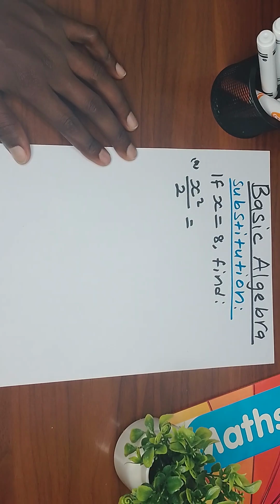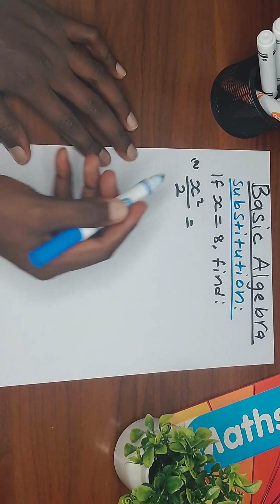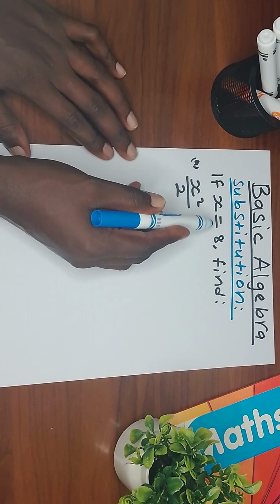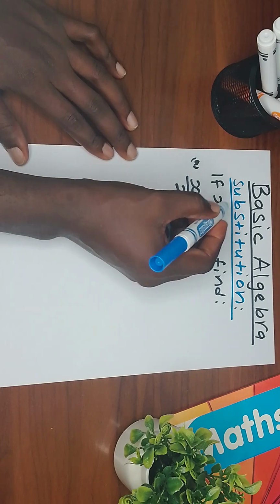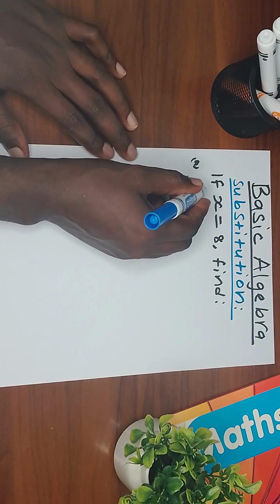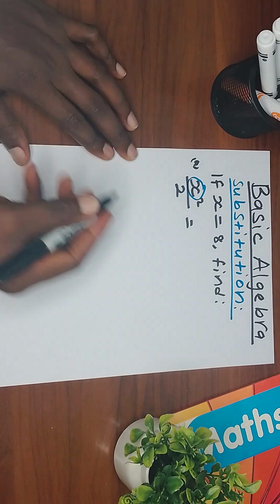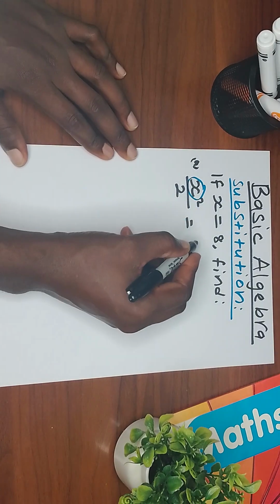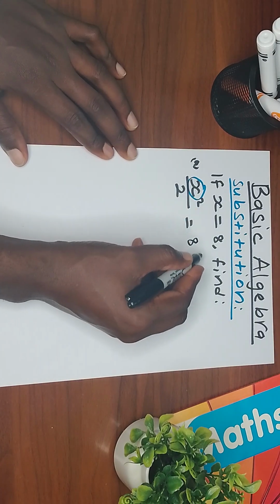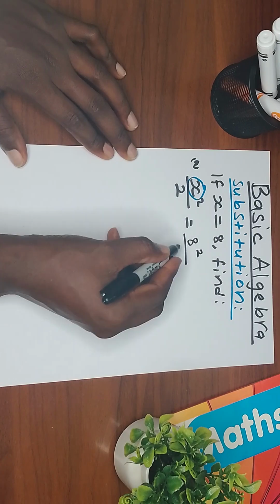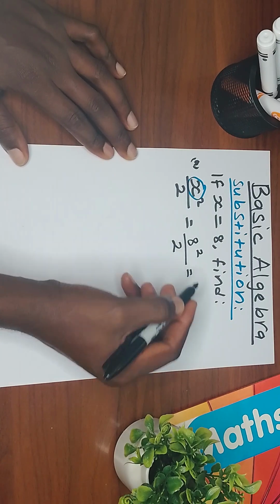Here we have the value of x. If x equals 8, wherever there is x, we are going to put 8. Like in this position there is x, so we will put 8. So we write 8 squared over 2, or 8 power 2 over 2.